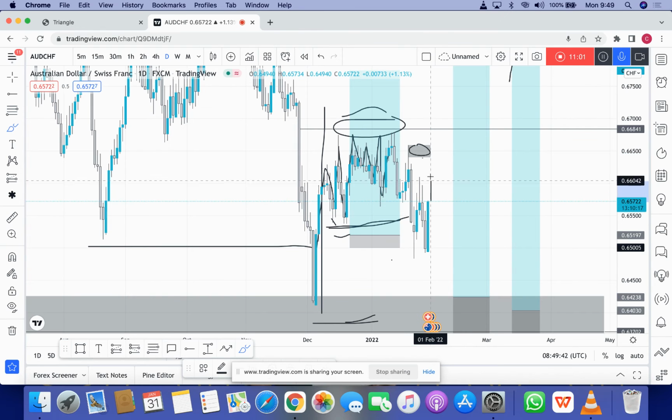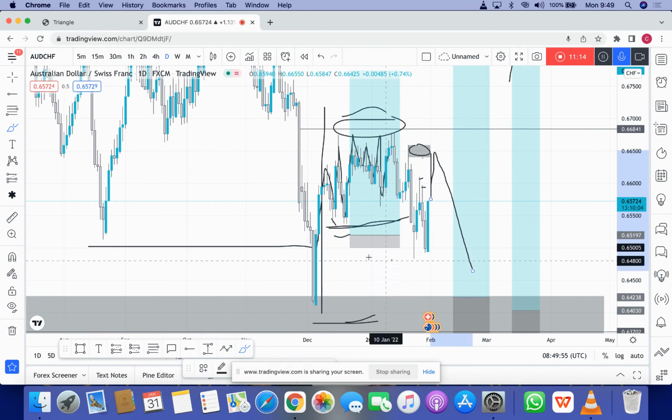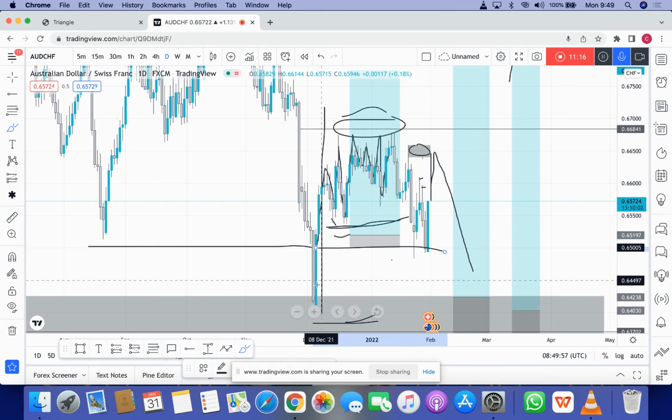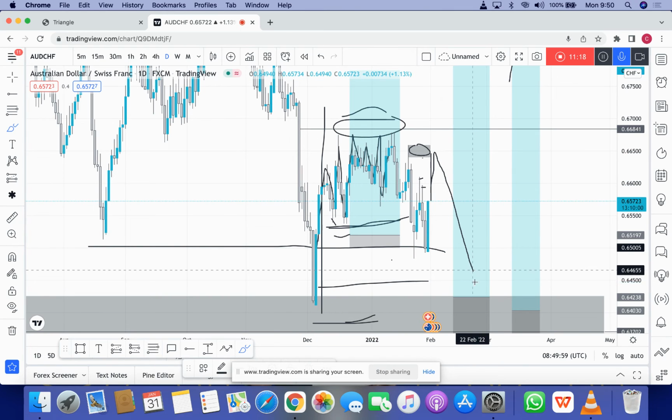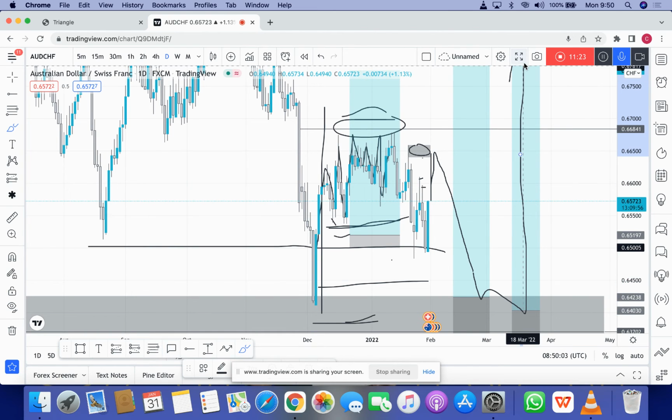So we want to see price retest, return to this order block, clear liquidities here and here, test this order block, then come down to clear liquidities, to fill fair value gaps, and trigger our entries to the upside.